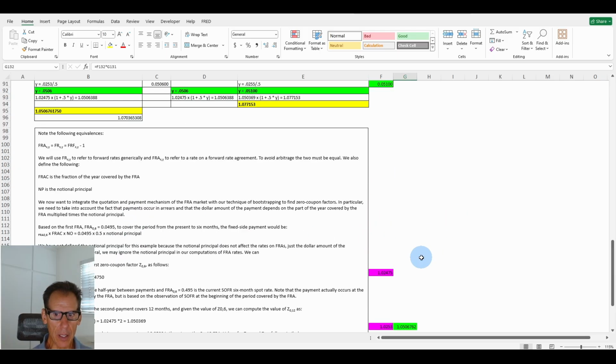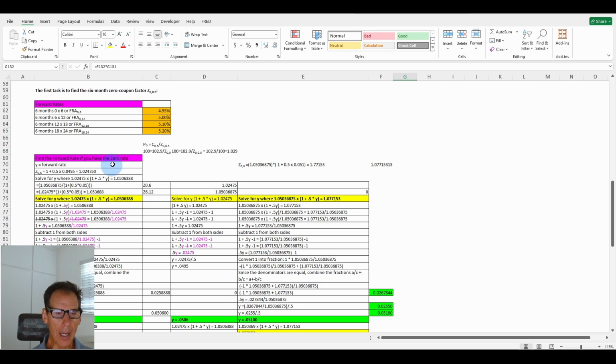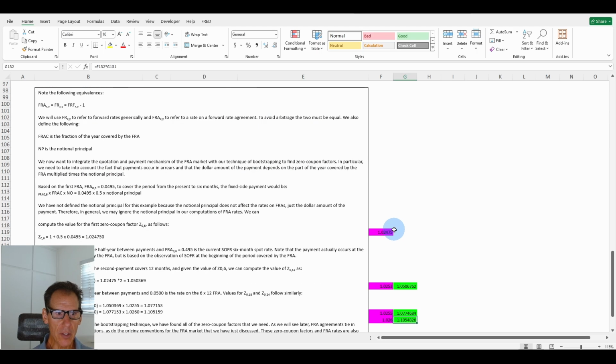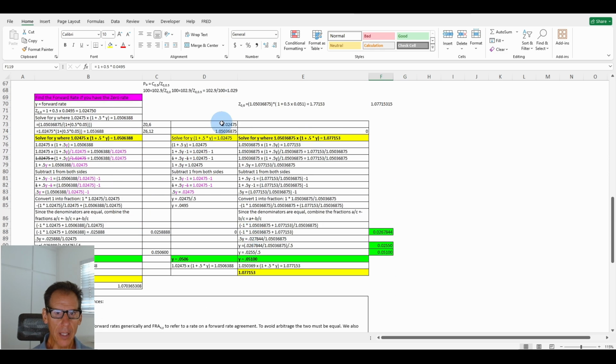Here was the question: if I have the zero rate, can I compute the forward rate? We have 0.6. Let's look at this example here. Here's the first period. We have 1.2475. If we go through here, y is equal to the forward rate. So we have 1 plus 0.5 equals 1.2475. That's the zero. So solve for y, where 1.2475 times 1 plus 0.5 times y is equal to 1.506388.